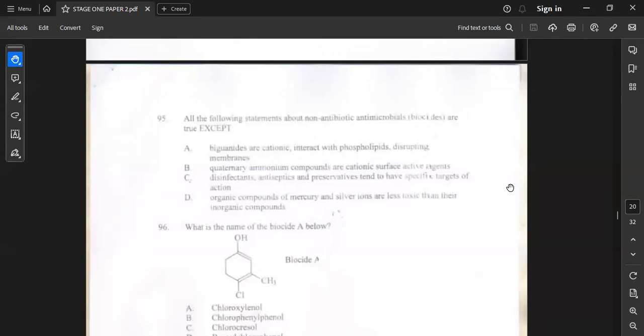How about D? Even me, with D, I was wondering, are organic mercury and silver compounds less toxic than the inorganic compounds?